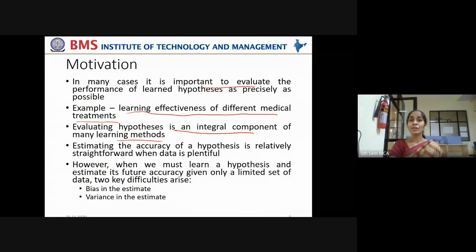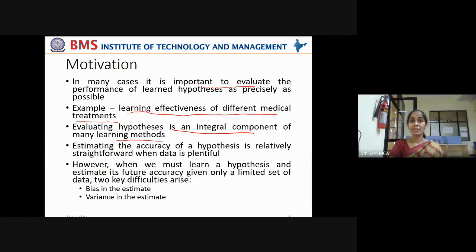Why? Because you should know, in this case, which treatment is better for curing cancer, which treatment is very effective in curing the cancer permanently without recurrence of the cases, without reoccurring of the symptoms again and again. Which treatment is more effective? In order to study that, you have to evaluate the hypothesis you have made. Say you're telling Ayurveda is the best treatment for cancer.